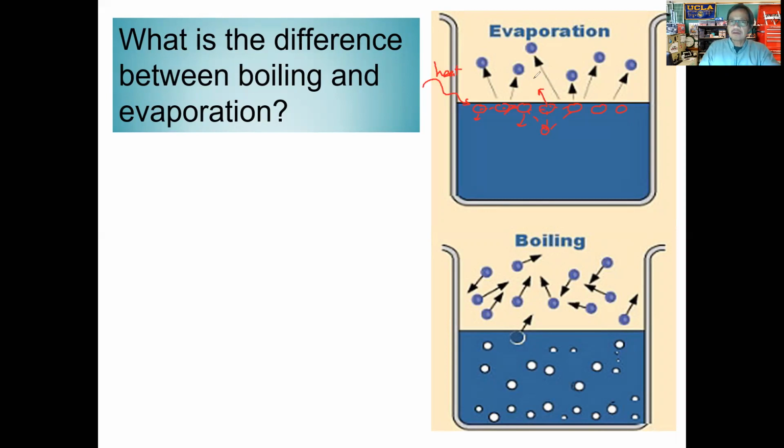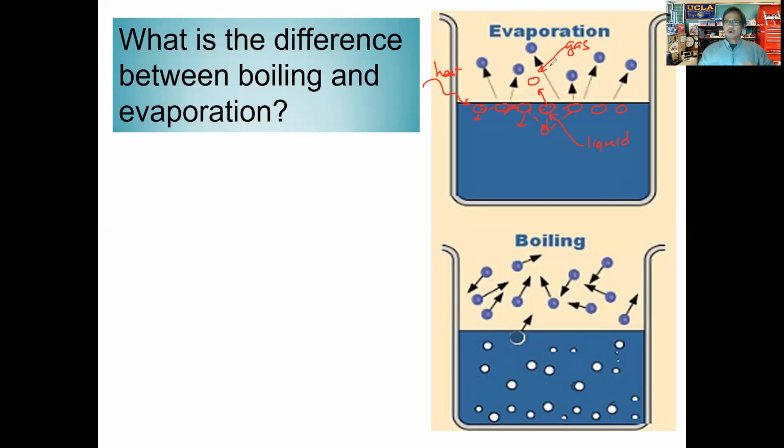When they leave, they become part of the gaseous state. They fly up into the space above the liquid. So as soon as they break free of those attractions, a particle that started out as a liquid particle has become a gas particle. The transition from liquid to gas is a process we refer to as vaporization. But when that process occurs at the surface of the liquid, we refer to it as evaporation.